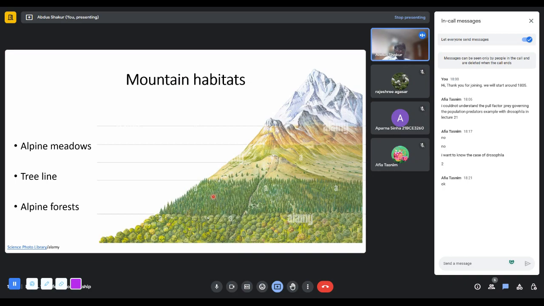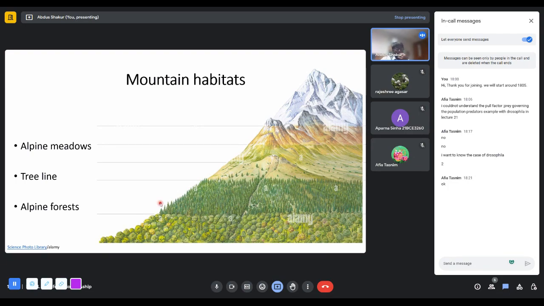As you go higher, it will give way to broadleaf forests, and then you can have alpine forests as a third layer. Once it crosses the tree line, you can have alpine meadows. And after a certain point, it's just the permanent snow line. There is no vegetation. Unlike this, if you have a similar mountain from temperate regions, there will not be much distinction between different forest types.